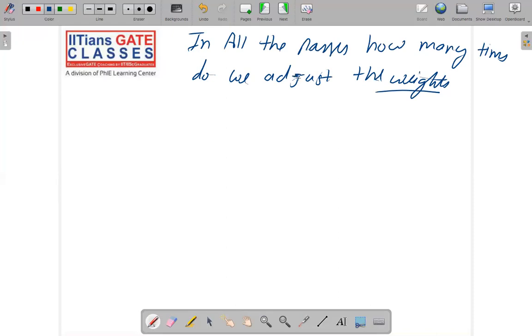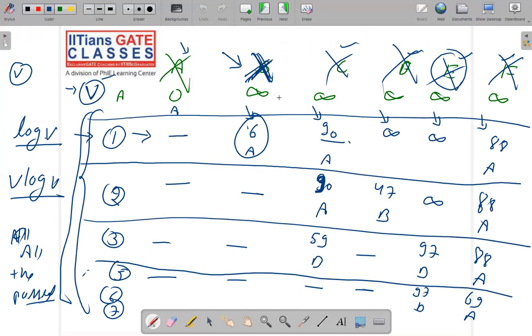In the first pass, we adjust, you can say, V minus 1 weights. In the second pass, we adjust, for example, you can consider V minus 2 nodes.